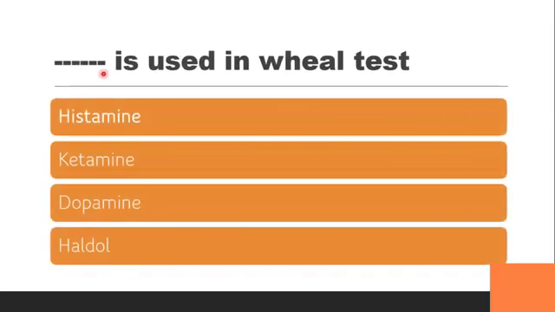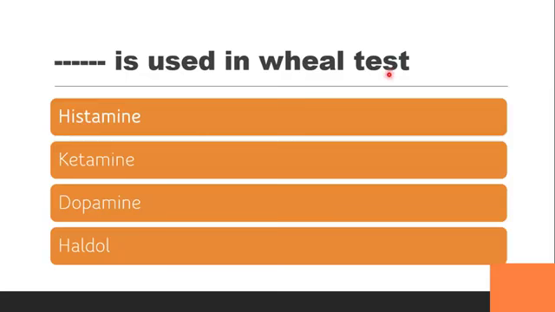Next question is, dash is used in wheal test. Now wheal test is a diagnostic test which is used generally for vascular disease conditions, to test whether the person is suffering from any vascular disease or shows any sign of a vascular disease.